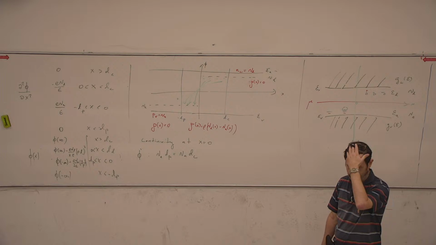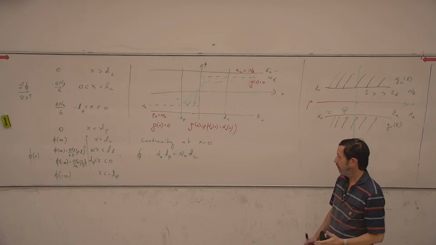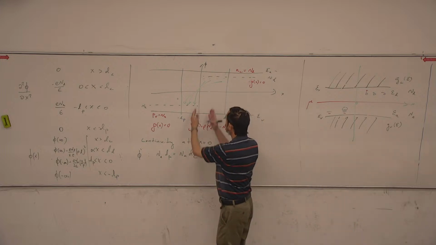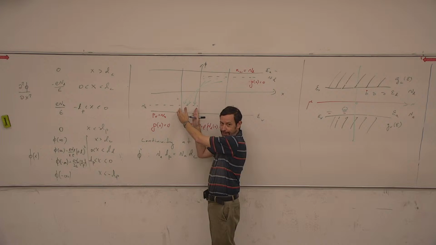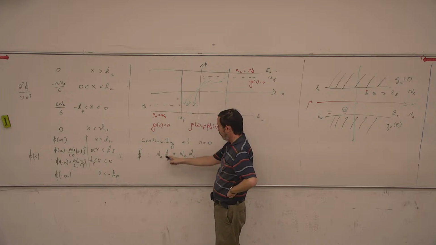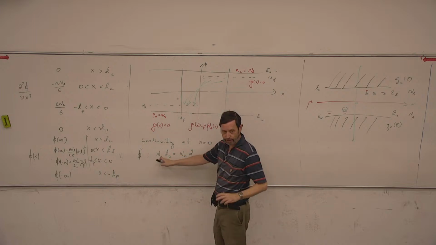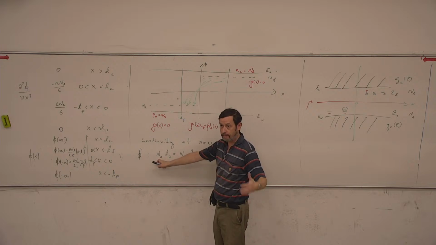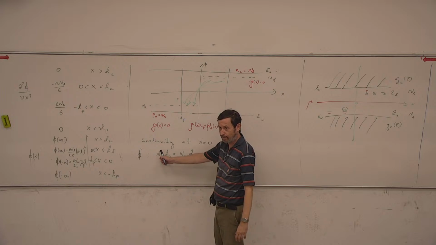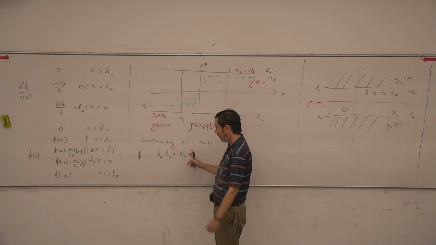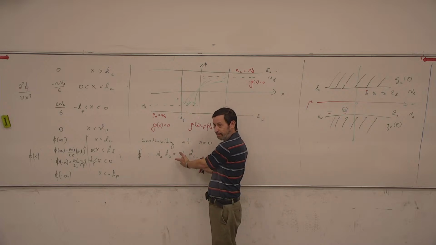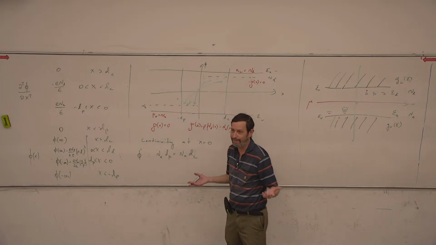The wall material is neutral. Means that any charge that I took from here has been accommodated here. Because NA, the number of acceptors per unit volume times D, is the number per slice, is equal to the number here. Makes sense. Has to be.